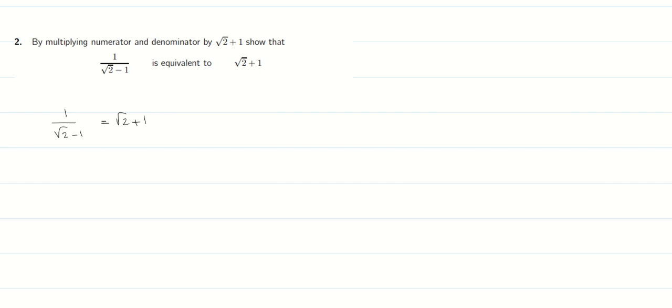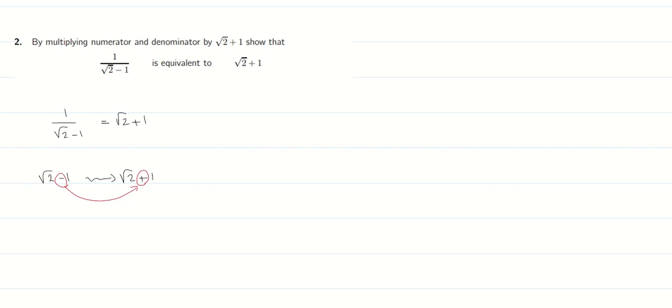So our denominator is the square root of 2 minus 1, and its conjugate would be the square root of 2 plus 1. So you basically just change the negative sign in here to a positive sign. And then you just multiply top and bottom by the square root of 2 plus 1.